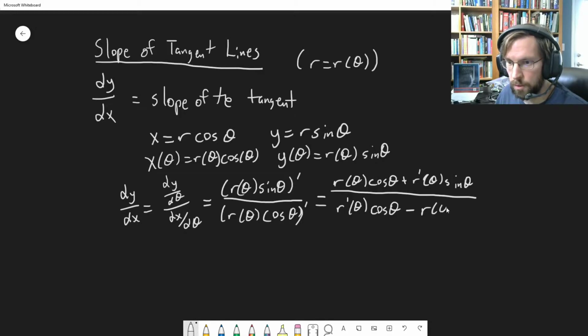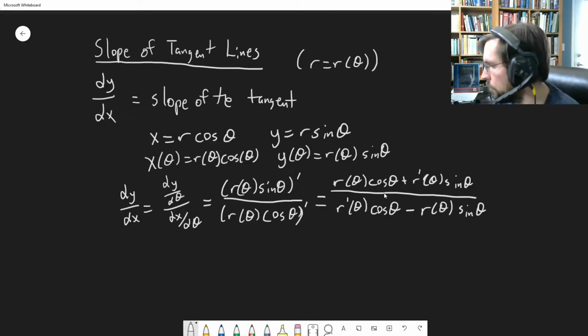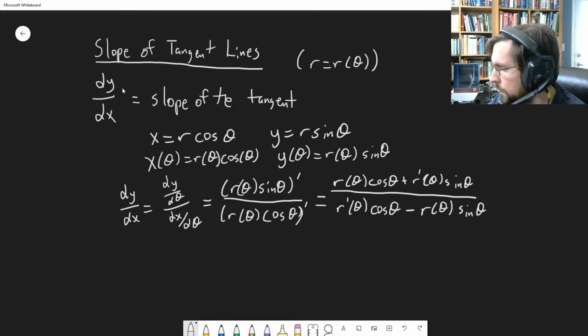I wrote the first one a little wonky. Usually I write the term with the r prime first, but essentially, how do I go from here to here? I'm just using the product rule that you learned way back in Calculus 1.